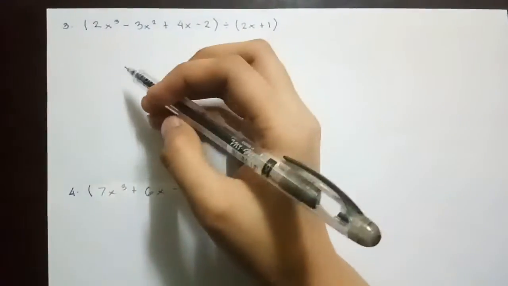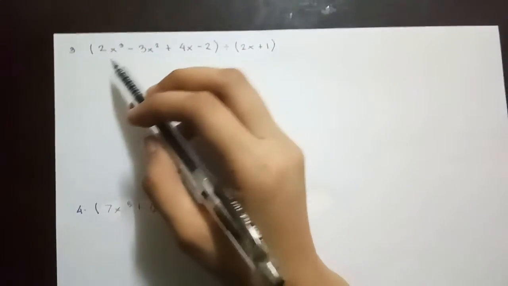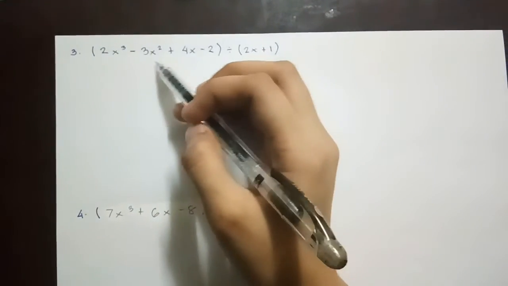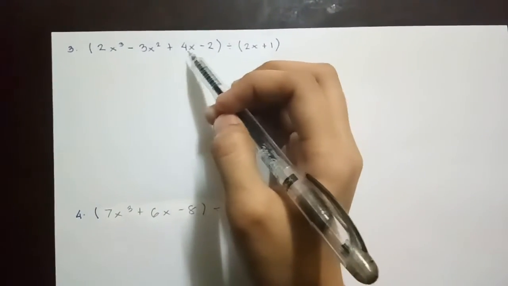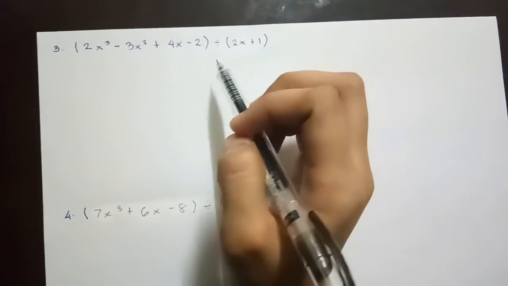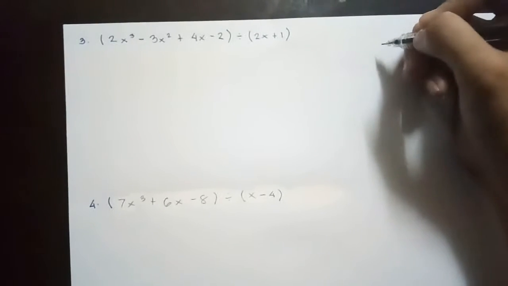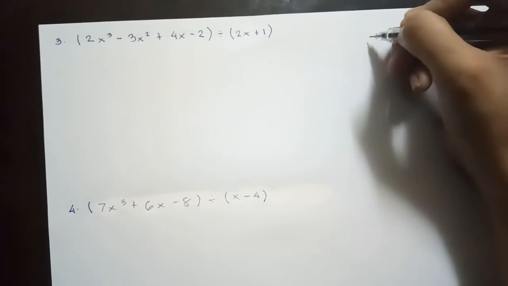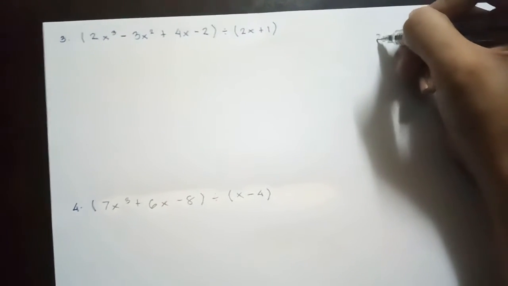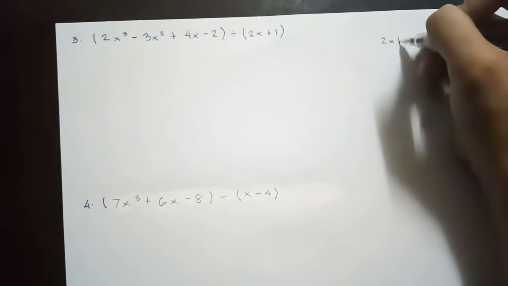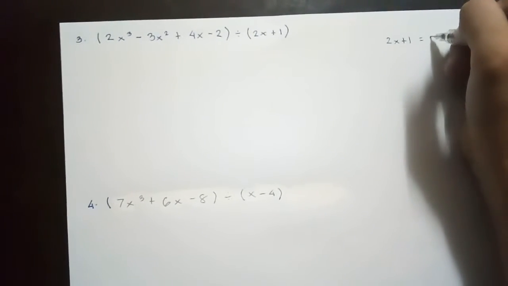Let's go to our third example. 2x cubed minus 3x squared plus 4x minus 2 divided by 2x plus 1. So to get our divisor, we would need to do the thing that we did. 2x plus 1 is equal to 0.